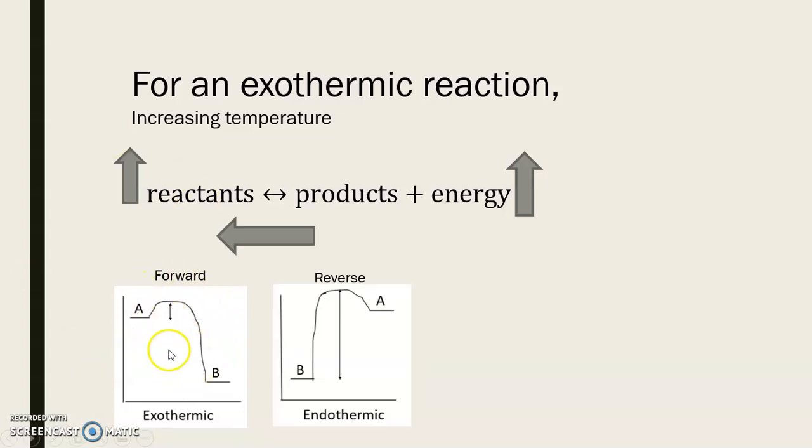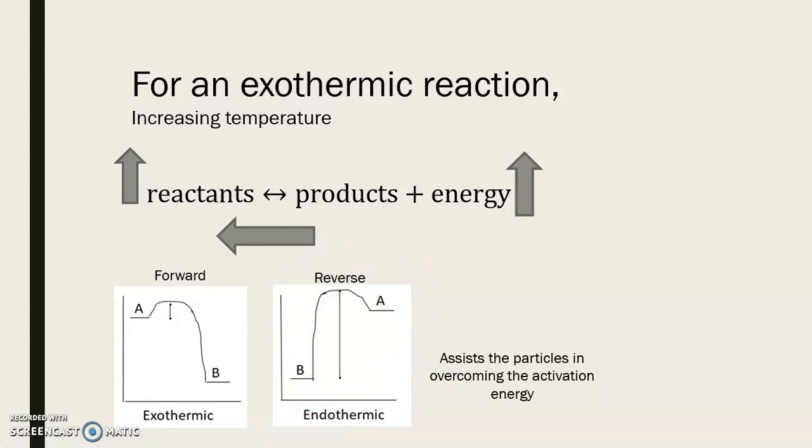As we can see here, the forward reaction has a much smaller activation energy than the reverse reaction. Now, an increase in temperature is going to assist the particles in overcoming the activation energy. For the forward reaction, this is not going to have much effect as there are so many particles already overcoming that activation energy due to it being so low. However, it is going to affect the reverse reaction as there are not many particles overcoming it in the first place.